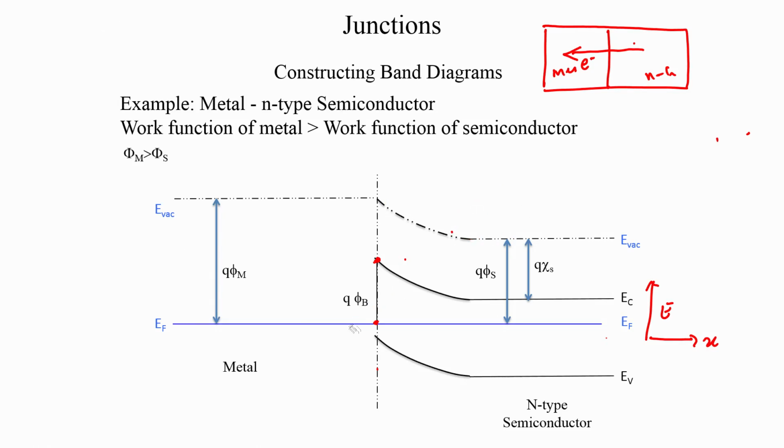Now, several other points. The band bending diagram is always drawn with respect to electrons, and what I mean by that is, if you see a slope, for example, let us take this region here, you see this bending of the bands, the bending of the conduction band.